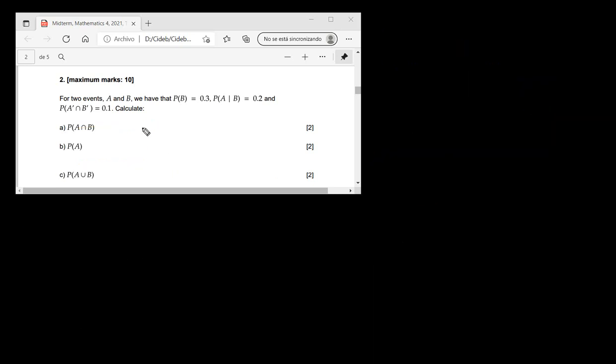Okay, next problem, problem number 2. It states the following: for two events A and B, we have that the probability of B is 0.3. Let's write that down.